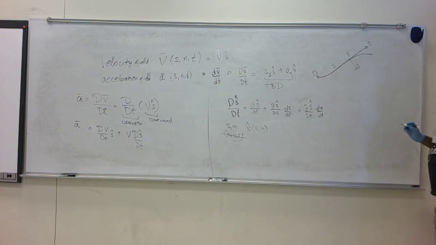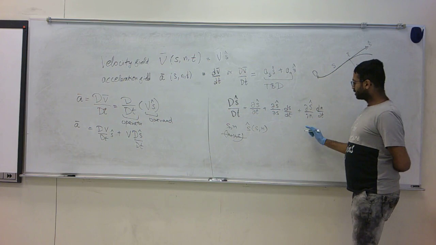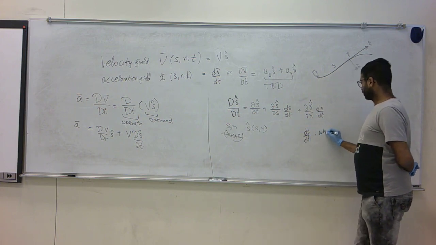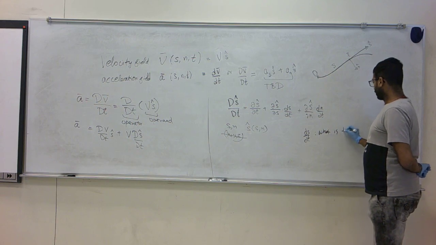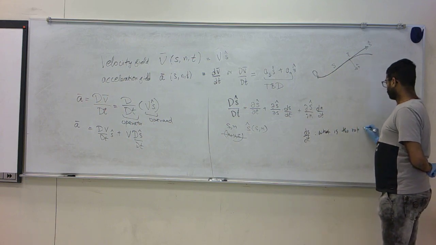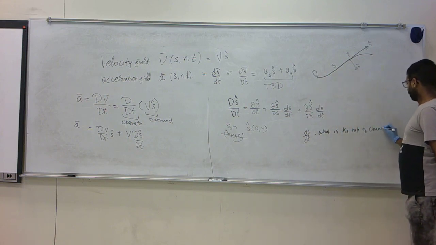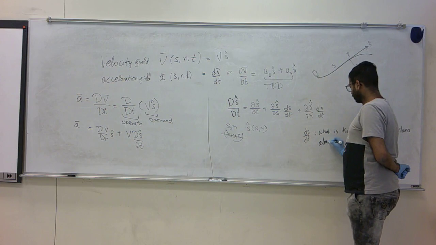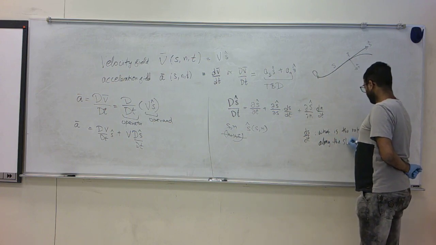Now, what is ds over dt? What is the rate of change of distance along the streamline?